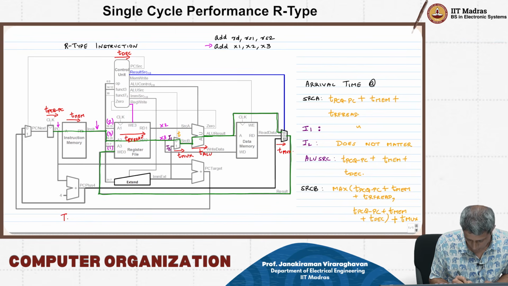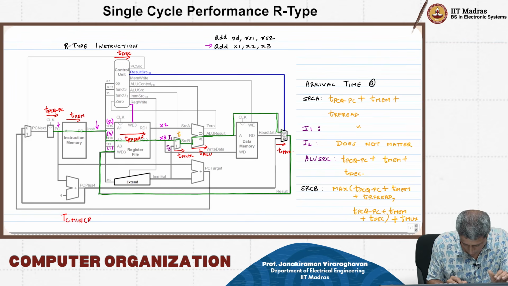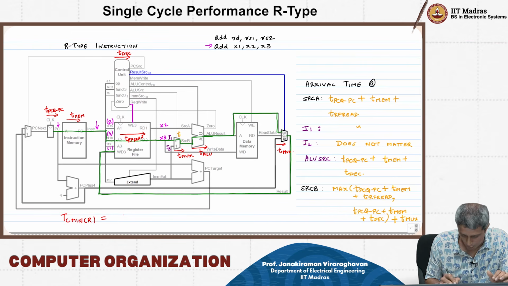TC min, the minimum clock period required for R type instruction, let's put that down, is what?